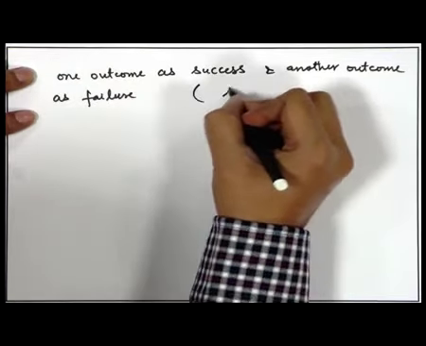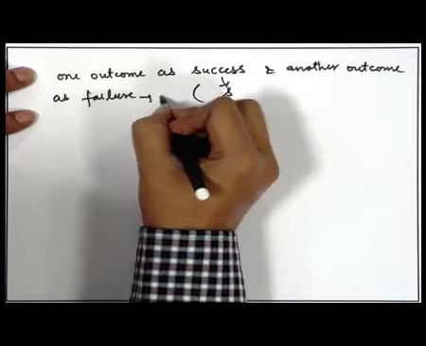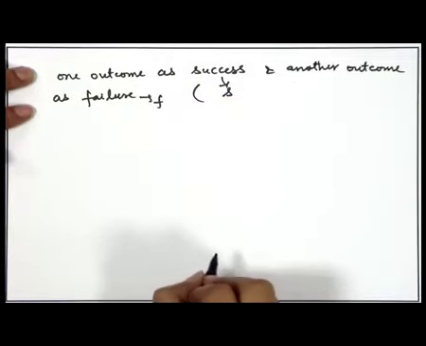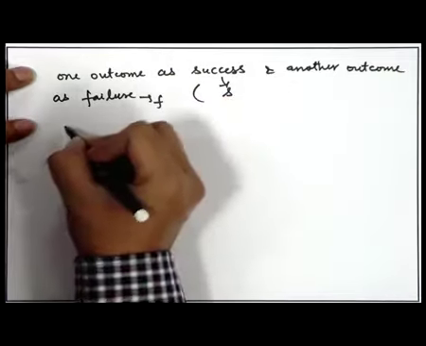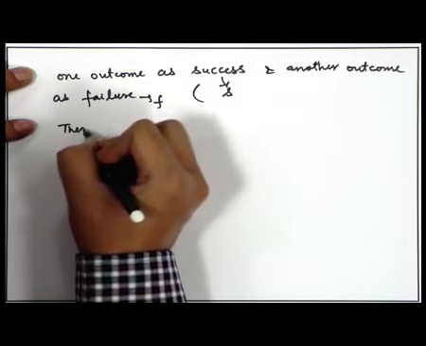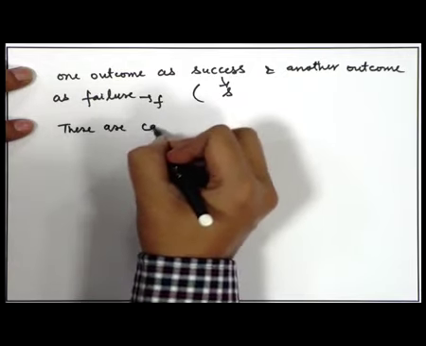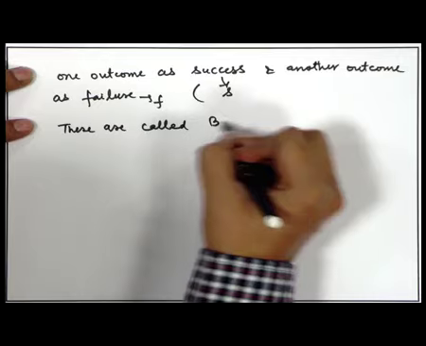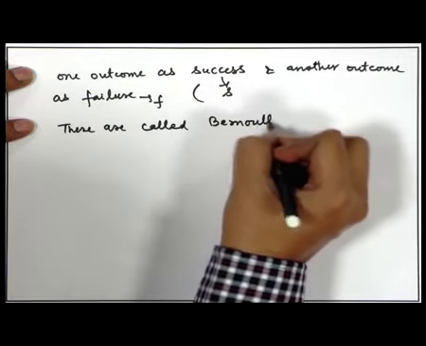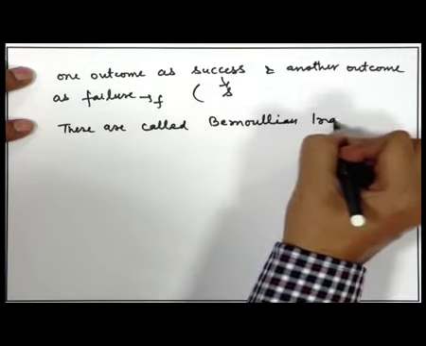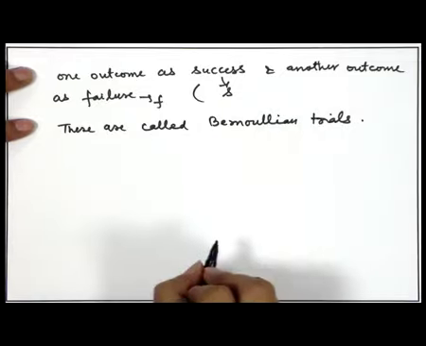So, let me write S for success and F for failure. Okay. These are called Bernoullian trials. So, let us make an assumption.